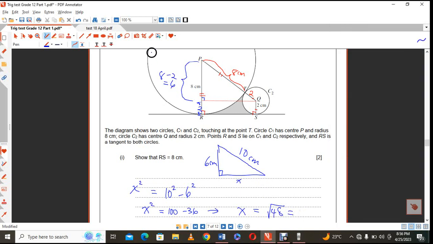So the answer is 8, of course. So we have actually proven that RS is equal to 8. If this distance here is 8 over there, then this distance is 8 because it's a rectangle. Can you see that? Good. That's 2 marks for doing just that.